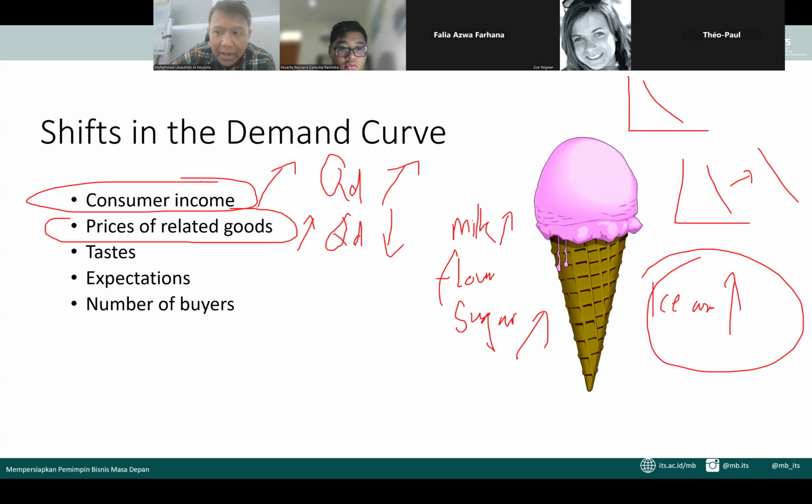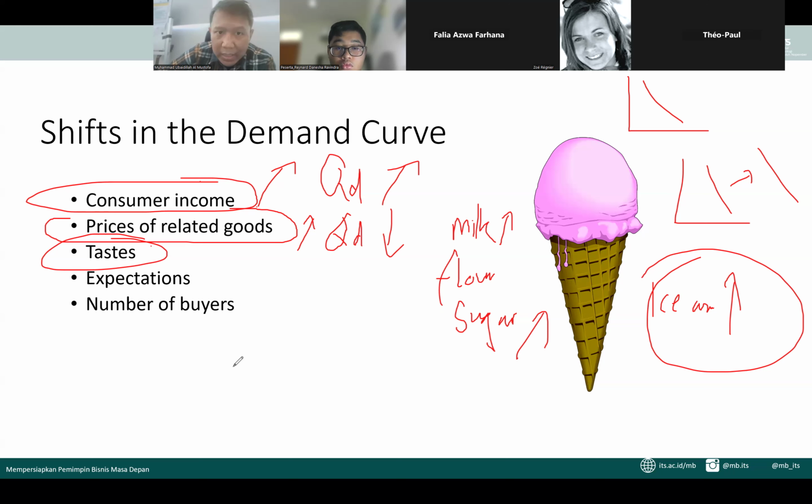Okay. Now, let's try to look at taste. Let's say that people's tastes are changing. Before, they loved ice cream because it was summer.